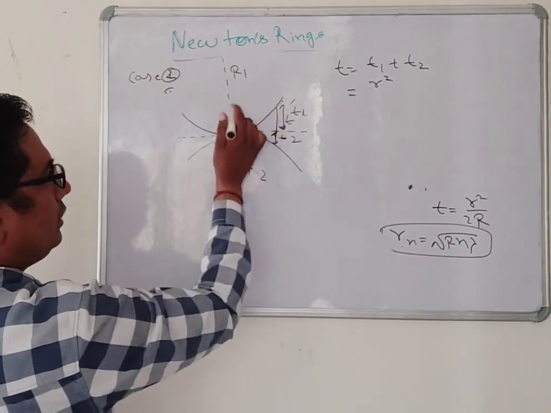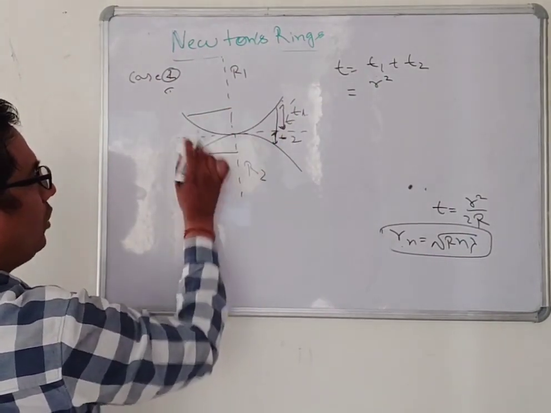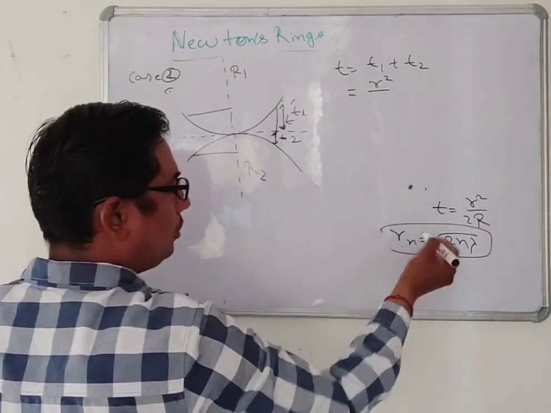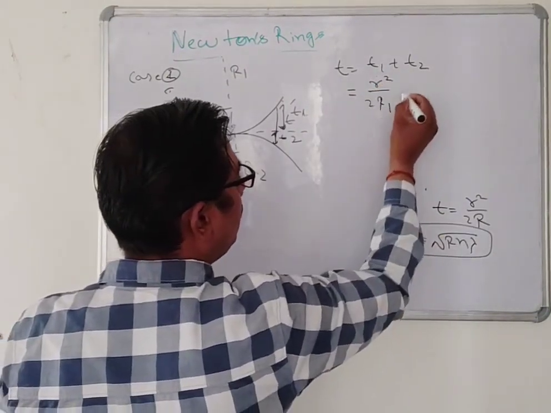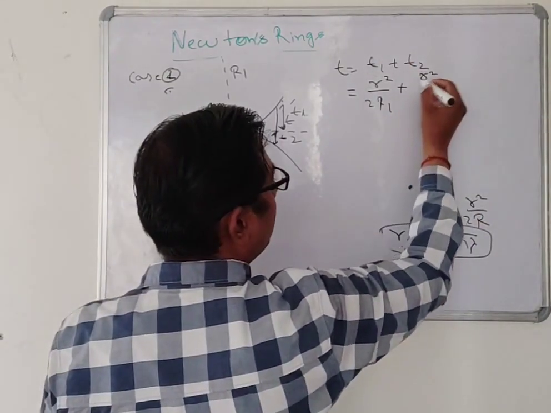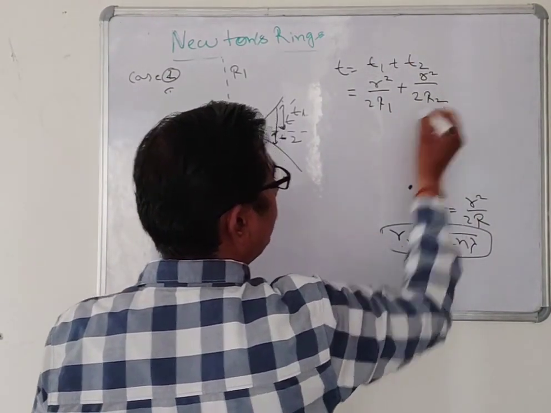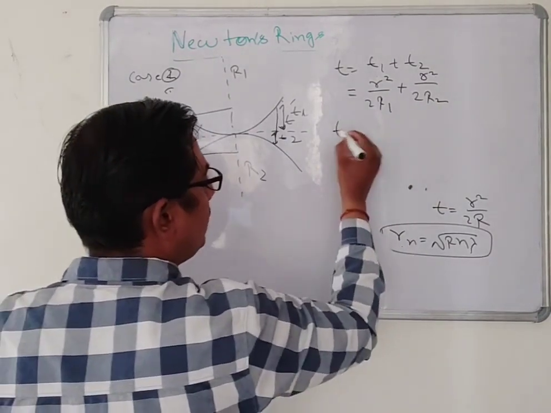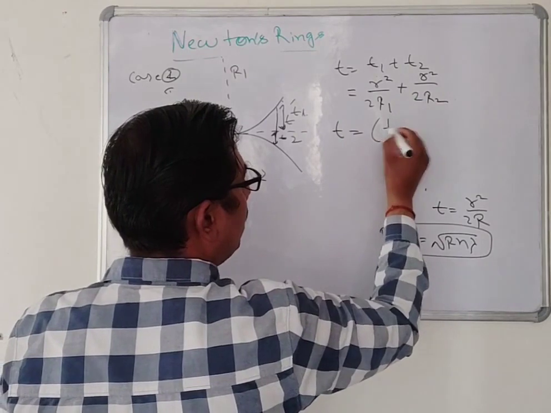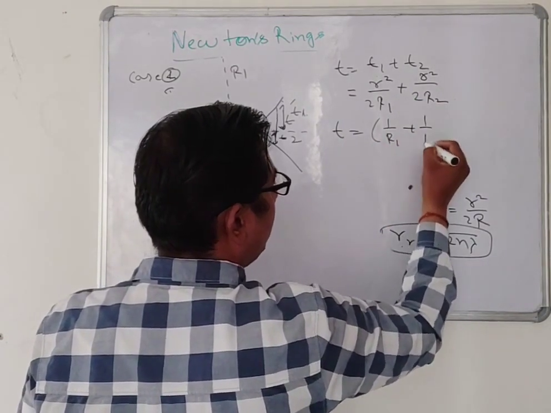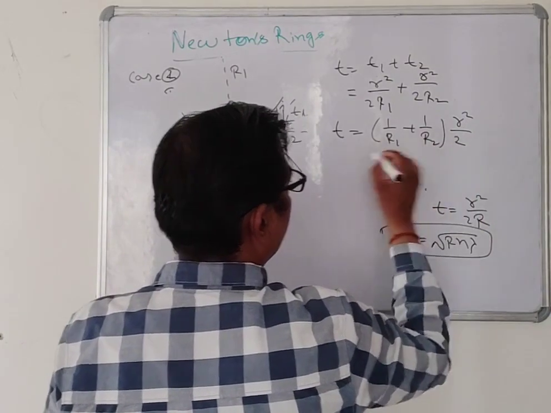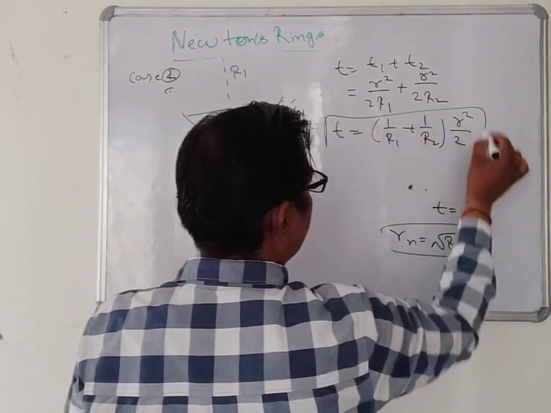R square upon 2R1 plus R square upon 2R2, so you can write T is equal to R square upon 2 times 1 upon R1 plus 1 upon R2.